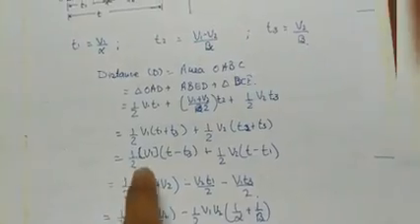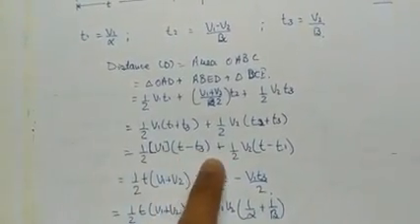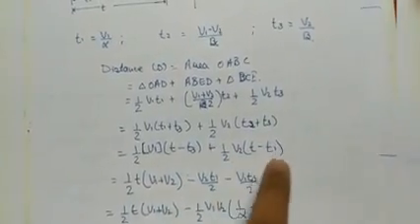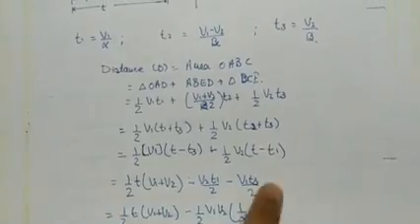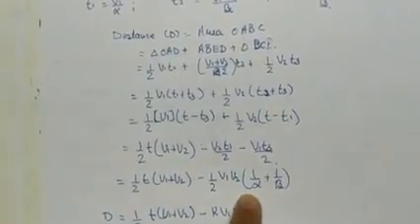I have multiplied v1 with t and t3, and v2 with t and minus t1, and this gives the value.